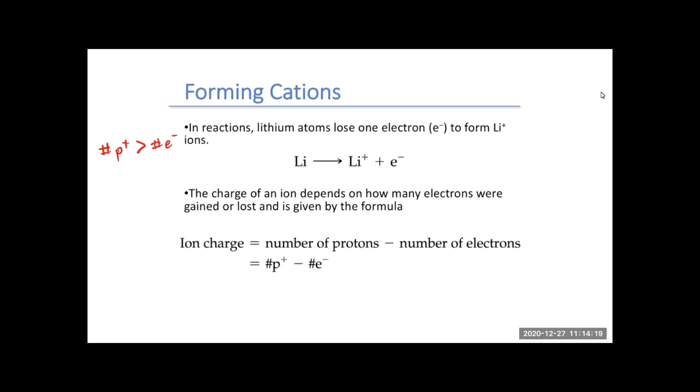For example, lithium is 1 electron away from becoming helium because lithium has 3 electrons. So if lithium loses 1 electron, it now has 2 electrons, the same number of electrons as helium, the nearest noble gas.